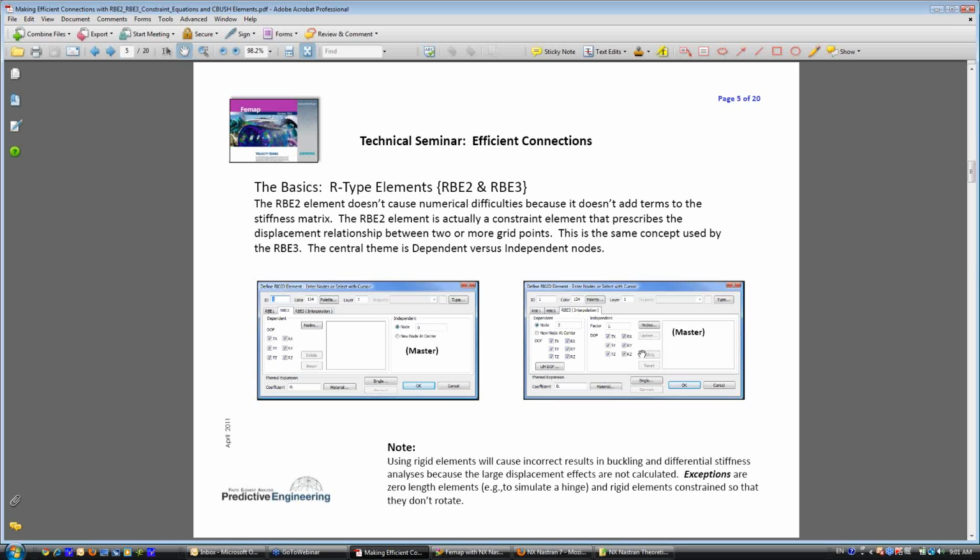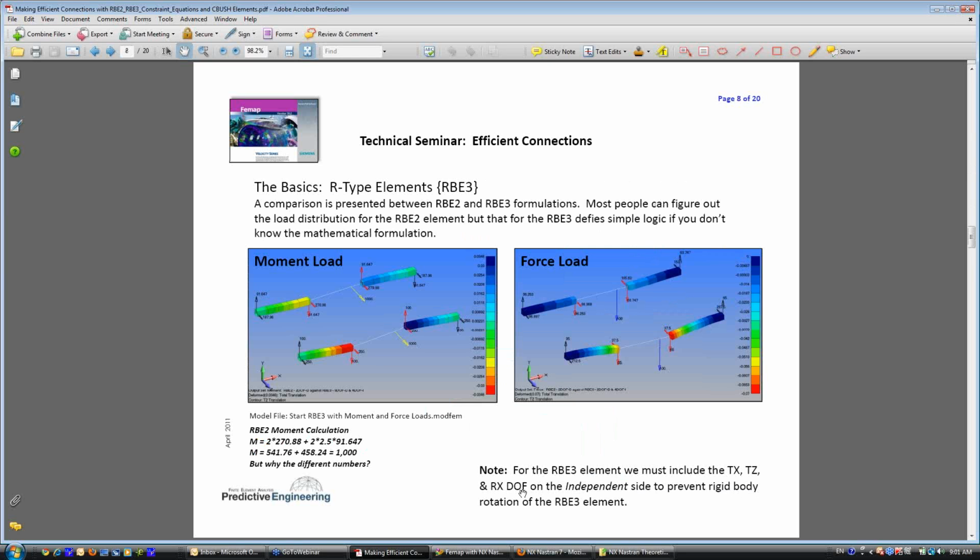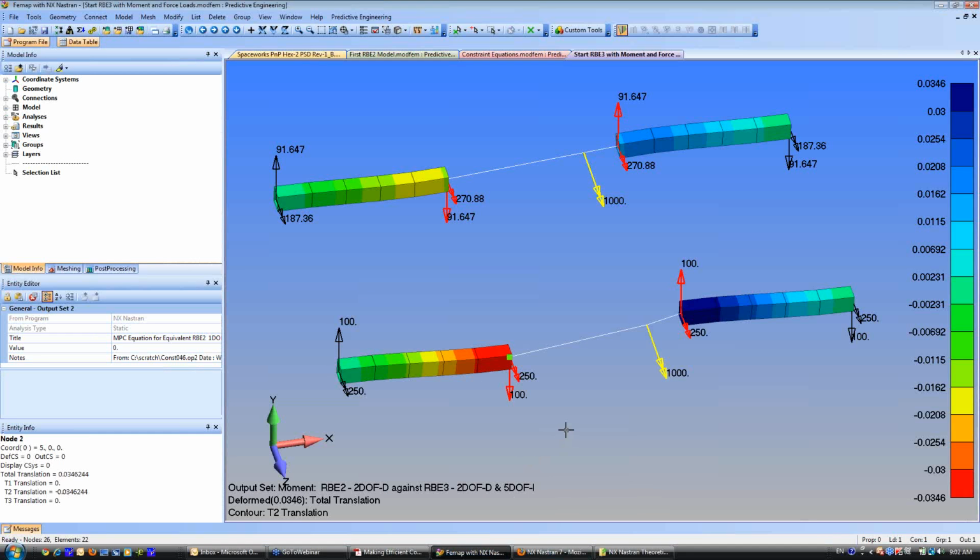It's reversed. And this is the stiffness relationship, and this is why the RBE2 is transferring the stiffness, and the RBE3 is just transferring the load, because it's dependent on all these other independent nodes. So let's see how that works.